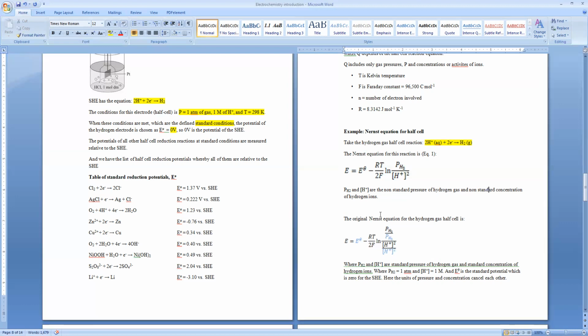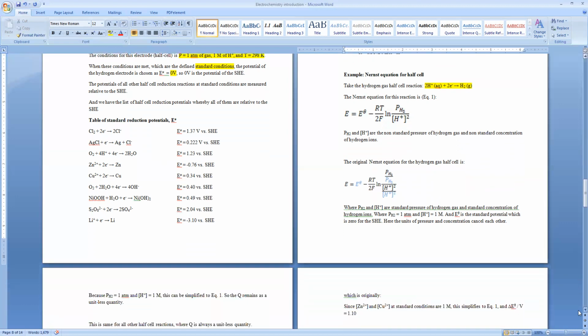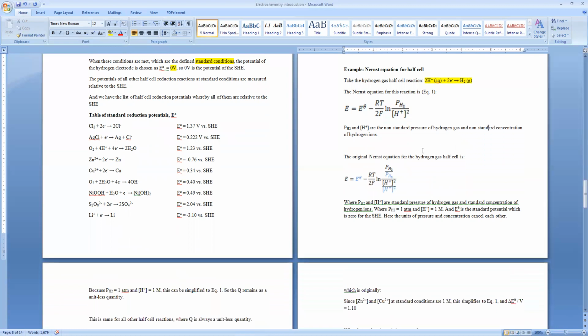But the original Nernst equation is basically the equation they have given here: E equals E standard minus RT over 2F ln of the pressure of hydrogen gas in black divided by the pressure in blue, and the hydrogen ion concentration in black, power 2, divided by the hydrogen ion concentration power 2 in blue.